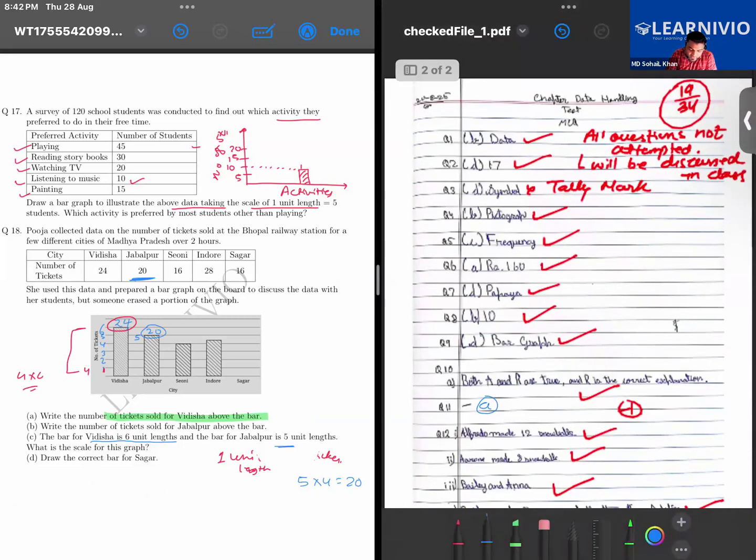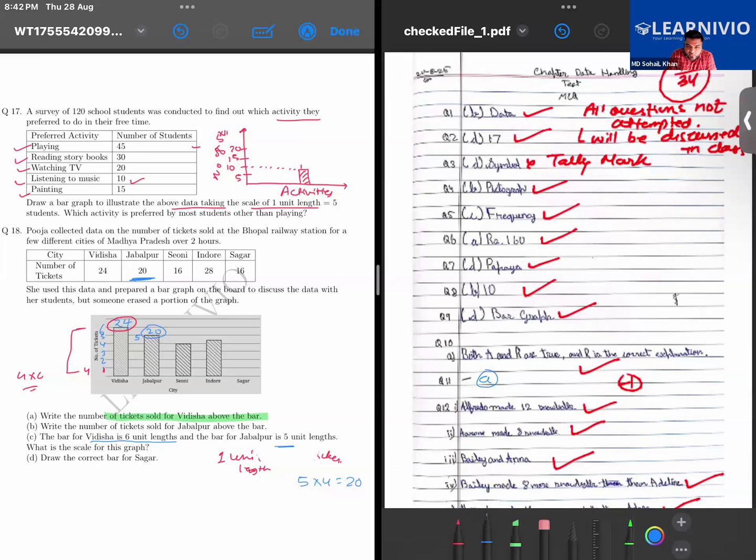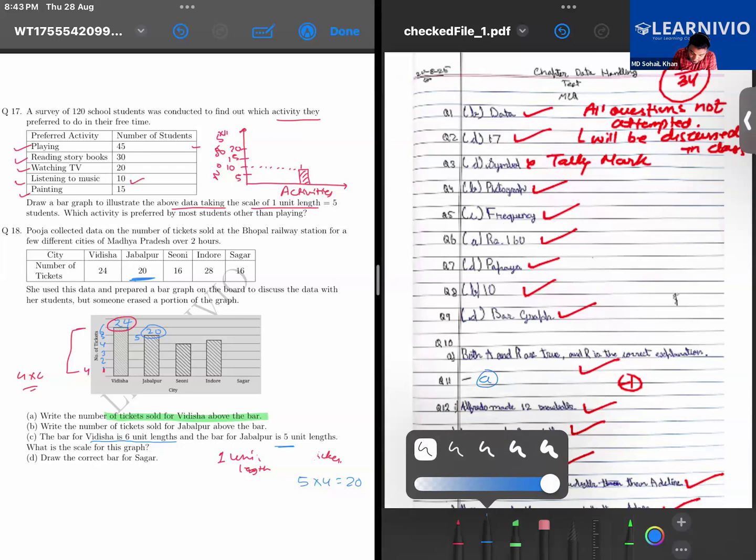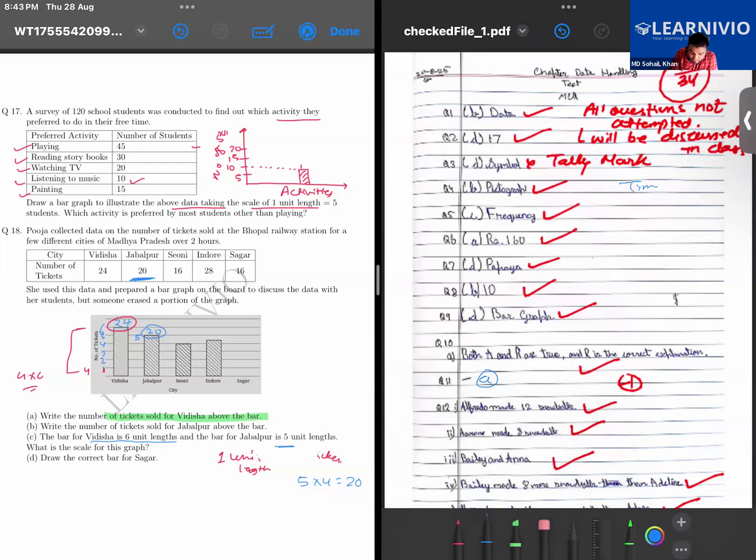So I hope you have understood why your marks were deducted and what are the areas you need to work upon. For you, Khaja, I will say work on time management, because many of the students have been able to answer all the questions in the given period of time.